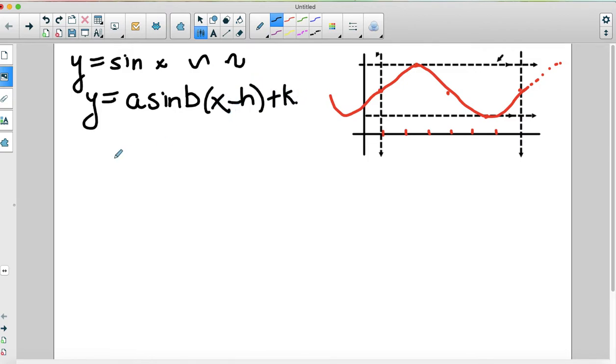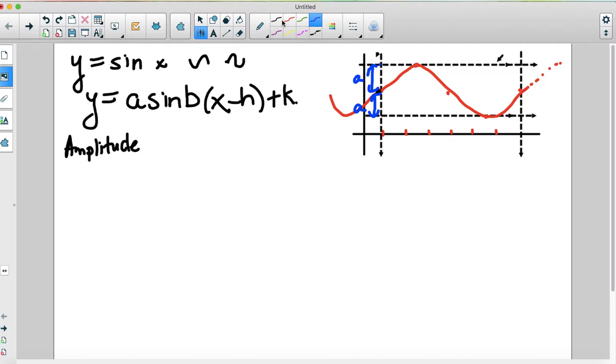Okay, so first of all, we have the A. Now the A stands for amplitude, and it's often designated by the letter big A, and it really represents the distance from the middle to the max. So this right here would be one amplitude, and from the middle to the minimum point that you see here would be the other amplitude.